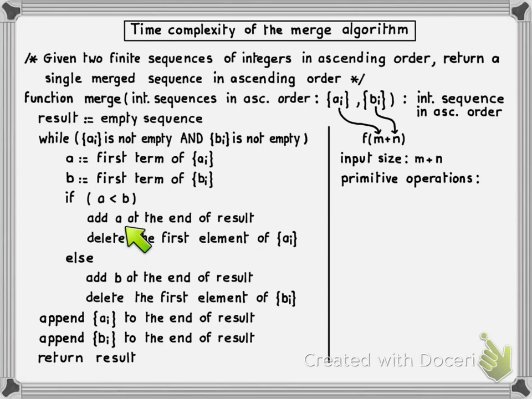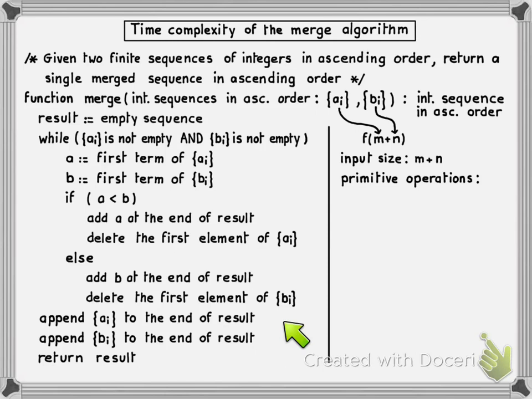Inserting an integer into a linked list, especially at the end of the linked list, is constant time. We can use the pointer to the last element to do that. Doesn't matter how long the sequence is, the number of pointer operations is always the same. And similarly, deleting the first element from a sequence is also a fixed number of pointer operations.